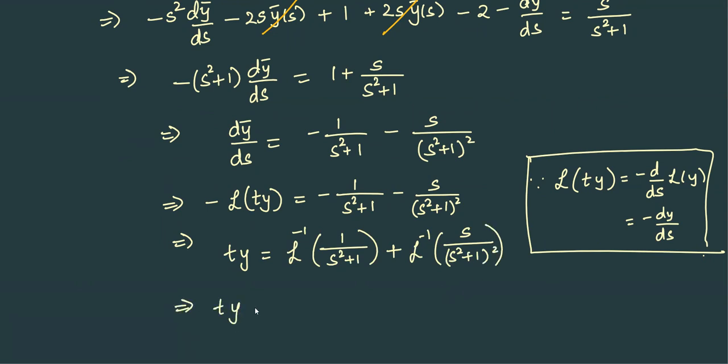So t into y is sine t, and this one is 1 upon 2a t sine at. So t sine t.